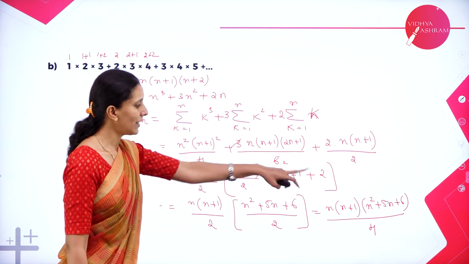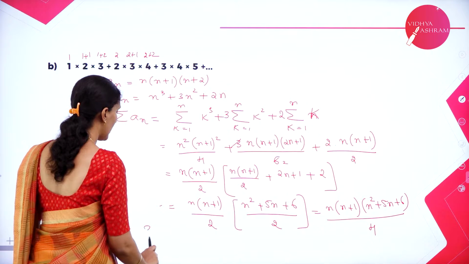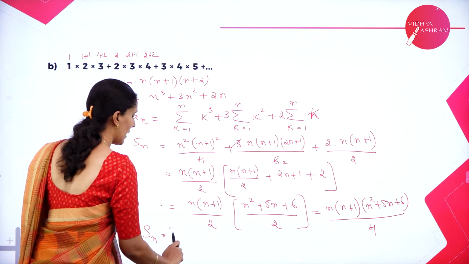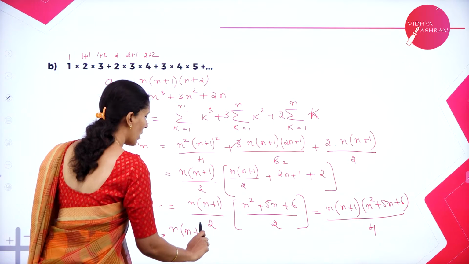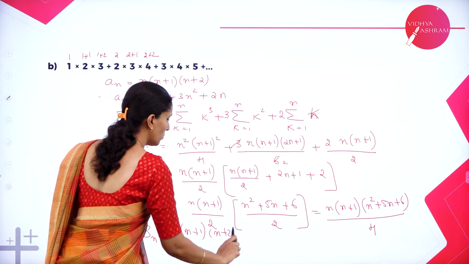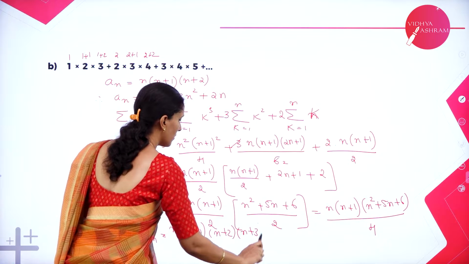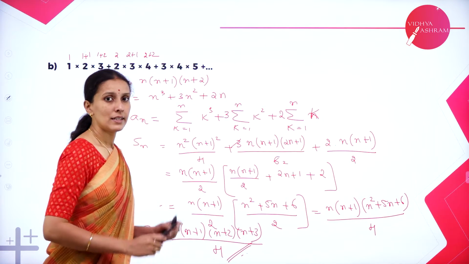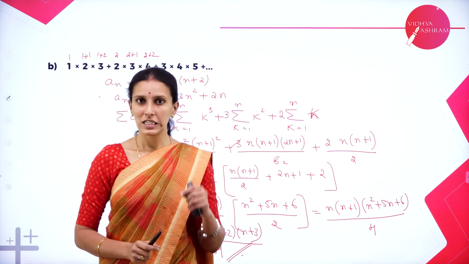Or if you split the term, you will get Sn, which is n into n plus 1, n plus 2, n plus 3 whole divided by 4. So this is the summation of the given series.